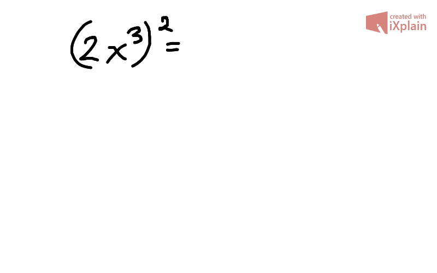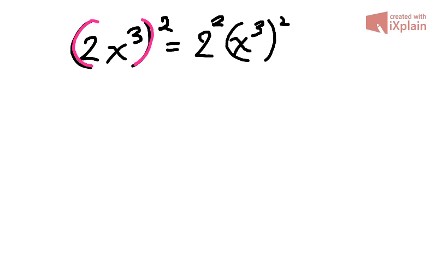Now let's say we have 2x cubed, all to the power of 2. Basically the brackets here are telling us to square not only the x cubed but also the 2 that is sitting at the front. So it actually means 2 squared multiplied by x cubed to the power of 2.